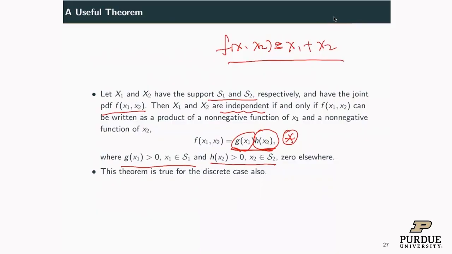The second thing to be careful about is the support. Usually, if the support is not a rectangle shape, they must be dependent. So if you want to show independence, the support must be a rectangle shape.